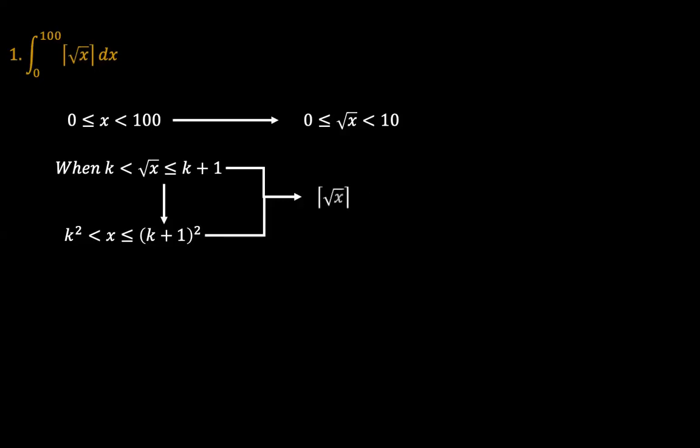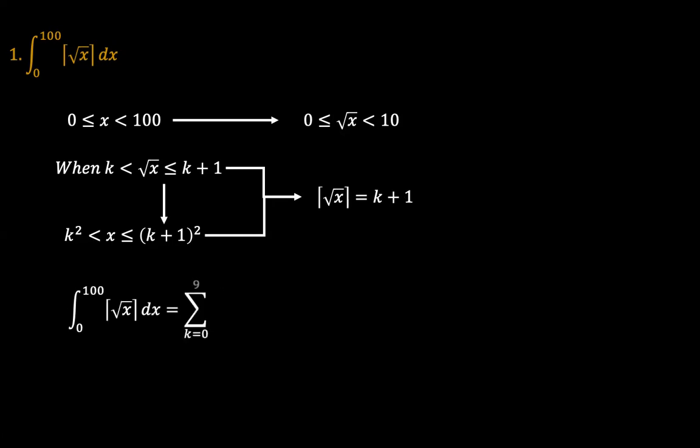And so the ceiling function of the square root of x is equal to k plus 1. This is the definition of the ceiling function, which is equal to the integer above the real number under consideration.